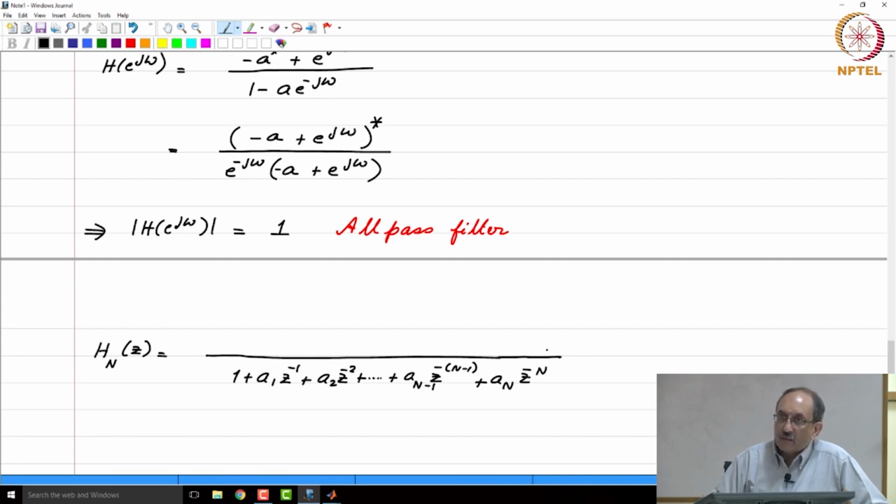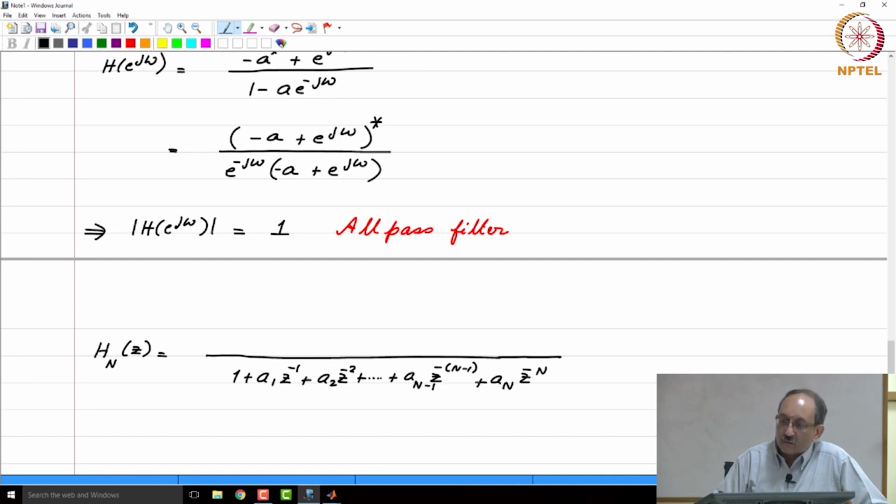And let us apply the idea that we pointed out for the first order case. There what we said was the related system takes the original system, forms the coefficient vector, time reverses it and complex conjugates the vector. So, the denominator vector here is now 1, a1, a2 up to a capital N.